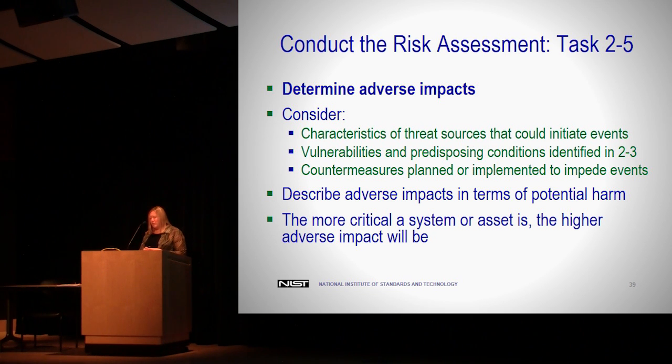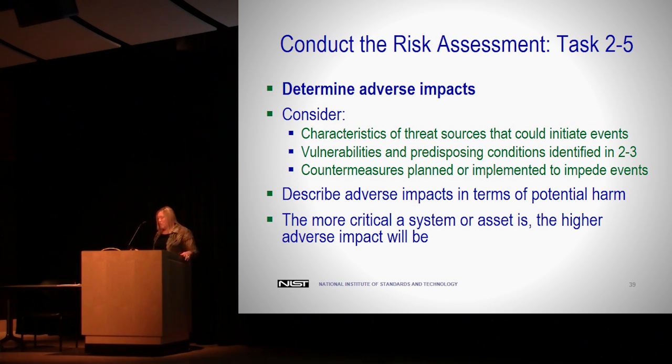And we describe those adverse impacts in terms of potential harm. So how bad is it going to be? What harm is really going to occur to our organization, to our system, to our mission if this happens? And then we give it one of those ratings. We decide if we're just using high, moderate, low, or very low, or if we are doing semi-qualitative or semi-quantitative, where we give it a 78 or whatever.